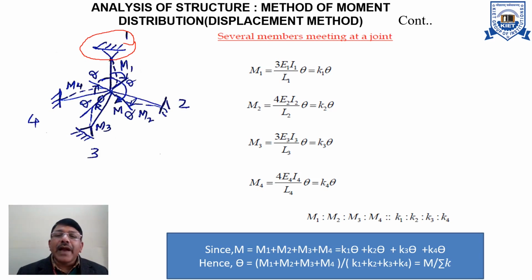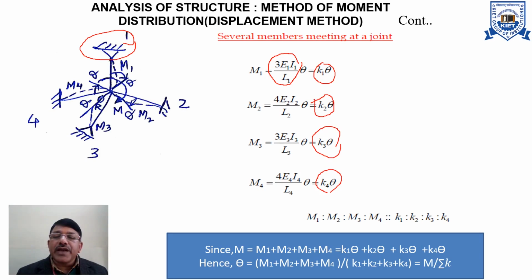So this I can say is the stiffness of member 1. Simply I can write it like this, K1 theta. Similarly for moment M2, K2 theta, for member 3, K3 theta, and for member 4, K4 theta.